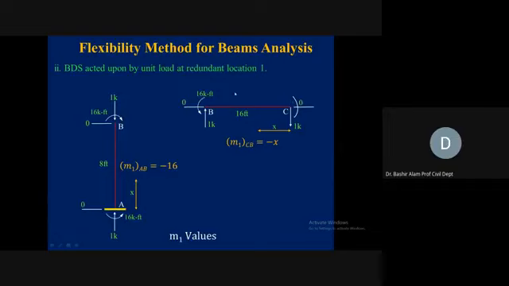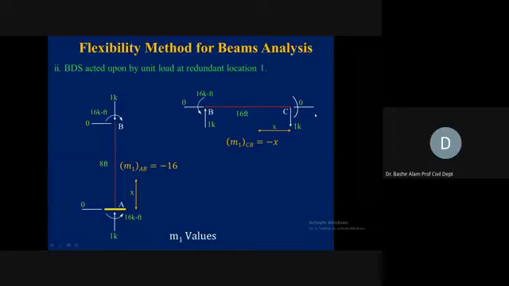It is causing a couple in clockwise direction, so it should be balanced by resisting moment. This is the balancing moment now, and its magnitude will be 1 times 16, so 16 kip feet we are showing here. Horizontal force is 0 from summation of Fx equal to 0. Member BC is completely analyzed.